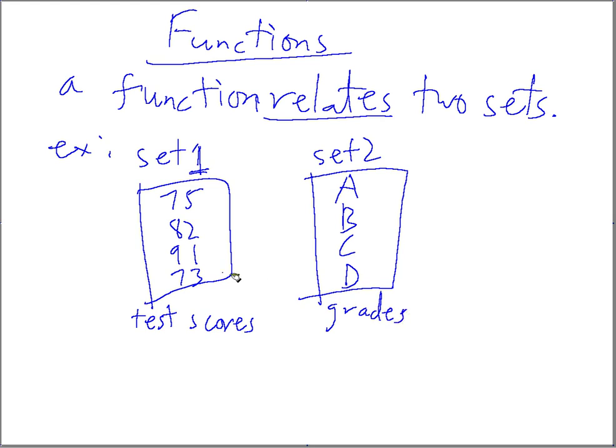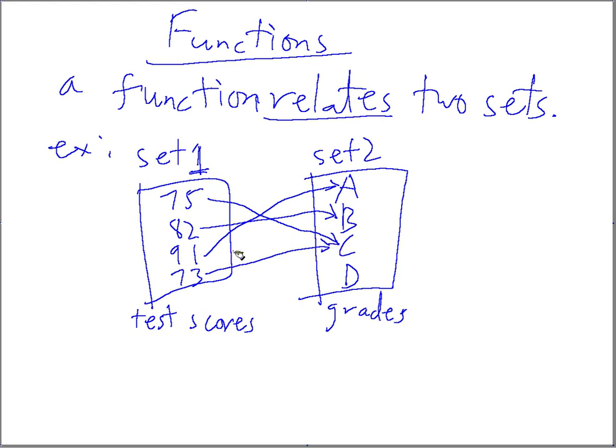So a function can relate test scores to grades. So, if I follow the standard scale, we're going to map 75 to what letter grade? Letter C, right? 82 is a B, all right? And 91 is an A, obviously. And 73 is also going to be a C.